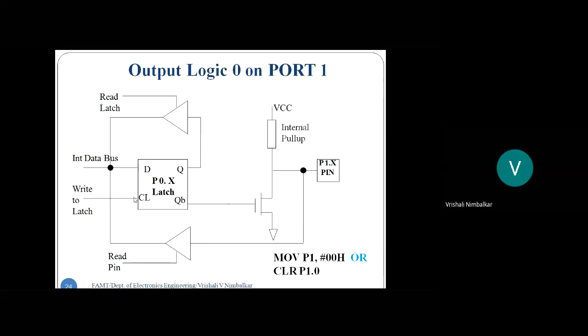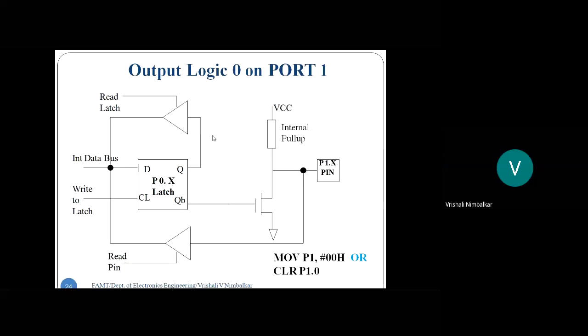The D latch is connected to the internal data bus inside the microcontroller. The clock is connected to the write to latch control signal. And these are the two tri-stated buffers, or drivers. The lower buffer reads the pin data, and the upper buffer reads the latch data.